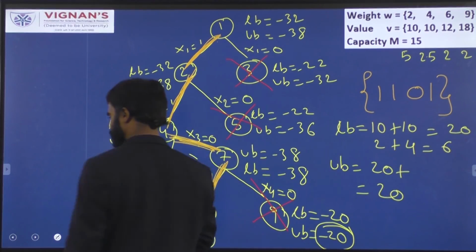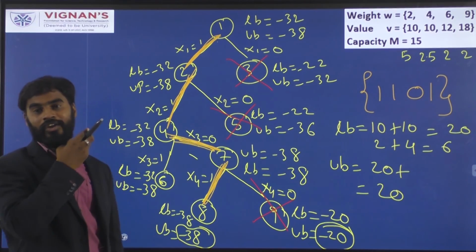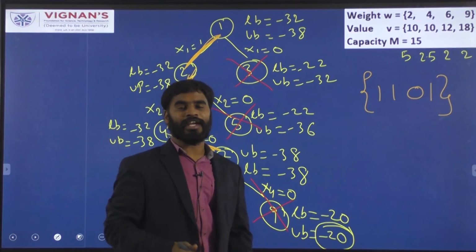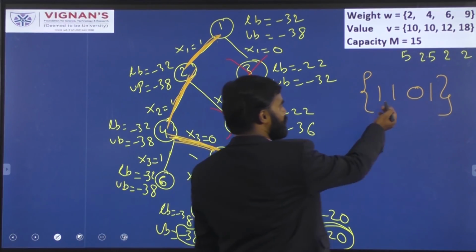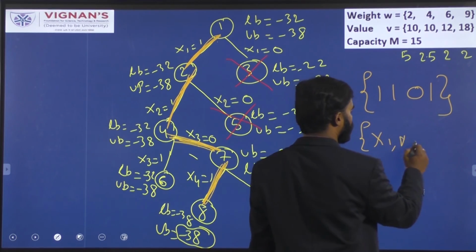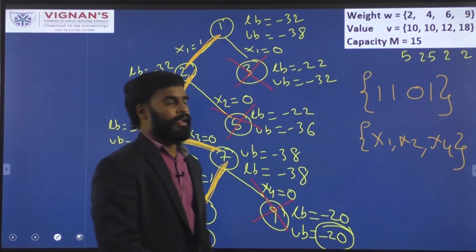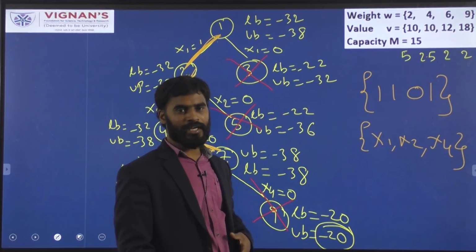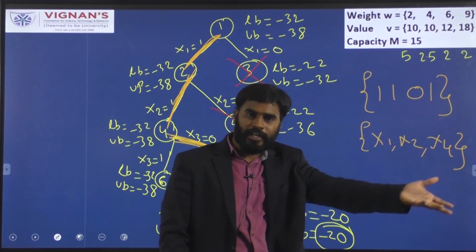This is a fixed size solution. You can represent the solution either as a fixed size solution or a subset solution. In a fixed size solution, we have a binary representation where 1 indicates the item is included and 0 indicates the item is not included.